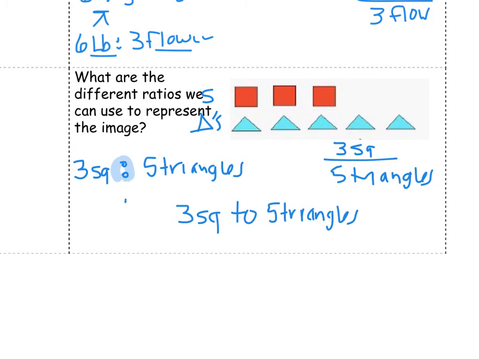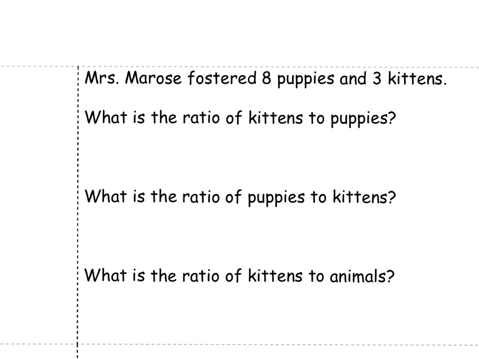Did you use a colon for one of them, a fraction bar for one, and the word to for one? And I asked you to write the ratio squares to triangles. So as you're going to see in just a moment, the order really matters. So the 3 should always have been in front of the 5. If you got these wrong, please mark them, and then we can talk about it when you're in class.